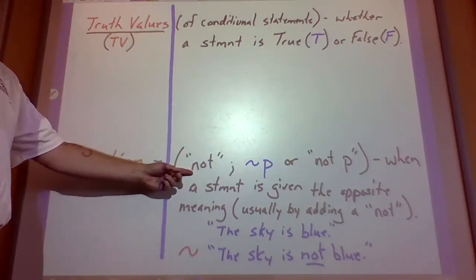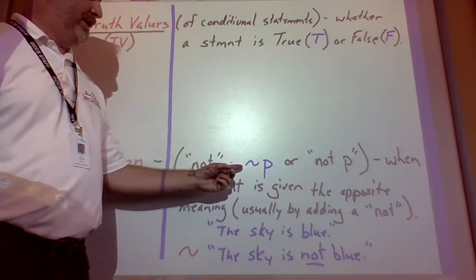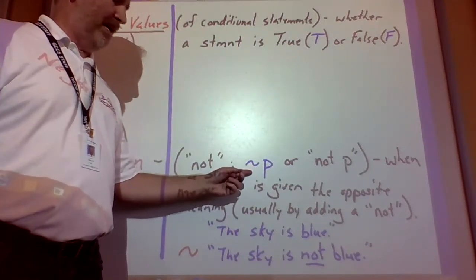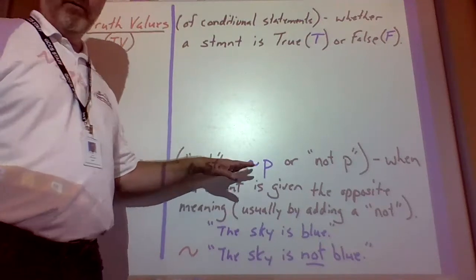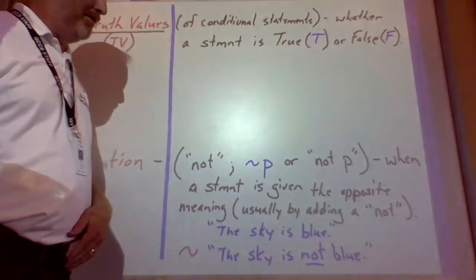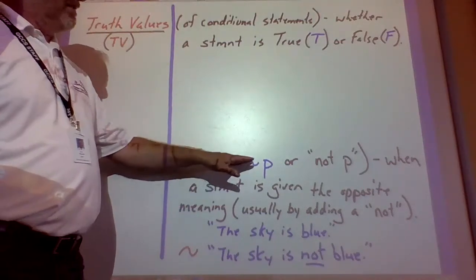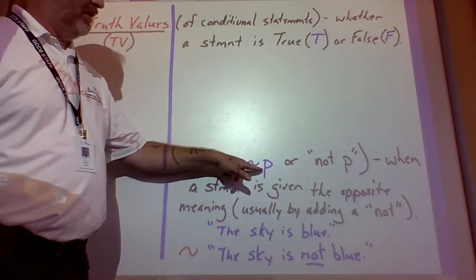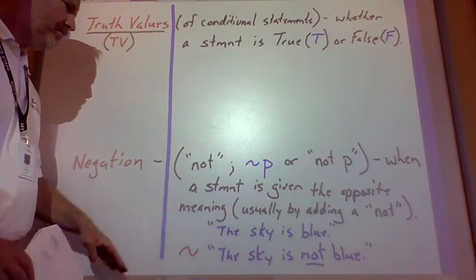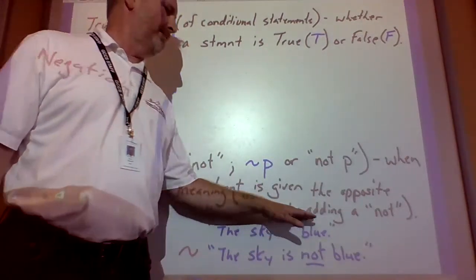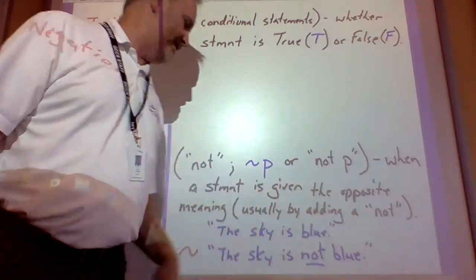When you not something, we use a squiggle, and again, there's that squiggle popped up again. We had this a while back, and I asked you for it. Nobody sent me an email telling me what the official name was yet, I don't believe. So this means not P if there's a squiggle in front of it. All right? A statement is given the opposite meaning, usually by adding the word not.